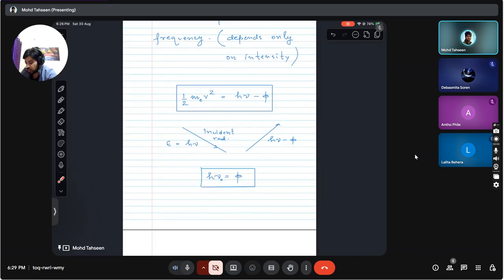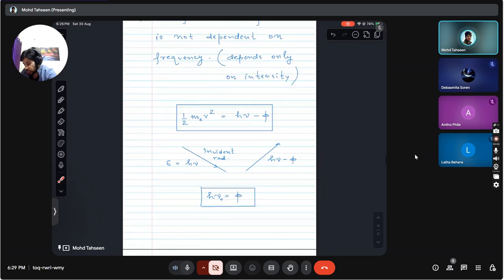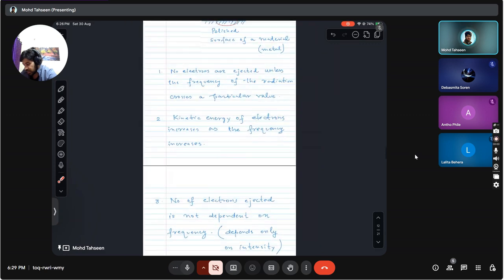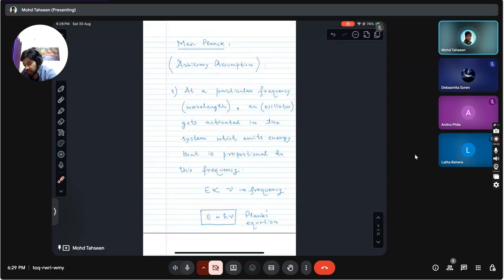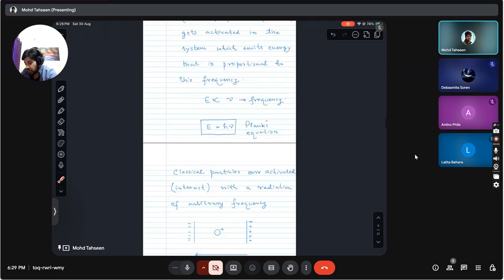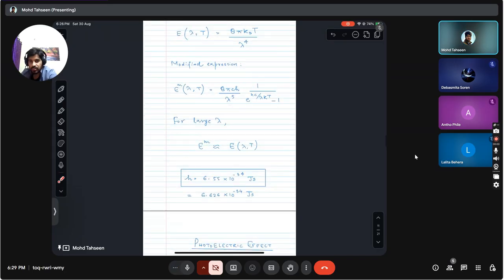And the velocity of the ejected electrons, calculated using this equation, was very close to the experimentally determined values as well. But the point is that in Max Planck's theory to explain the black body behavior, what he assumed inherently was that matter consisted of small oscillators, or that the black body itself consisted of small oscillators which get activated at a particular frequency and then start emitting, right?